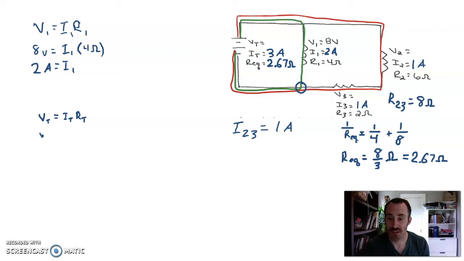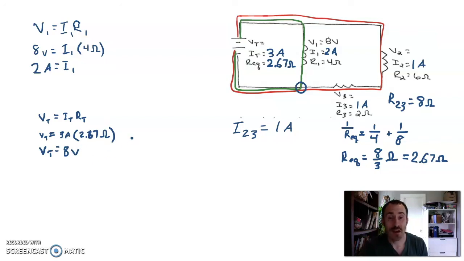So VT is equal to 3 amps times 2.67 ohms. And so the total voltage is equal to 8 volts.